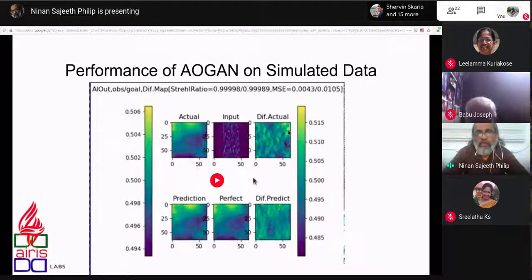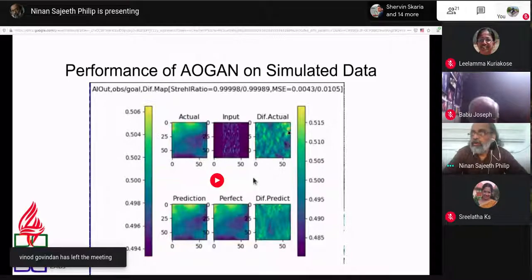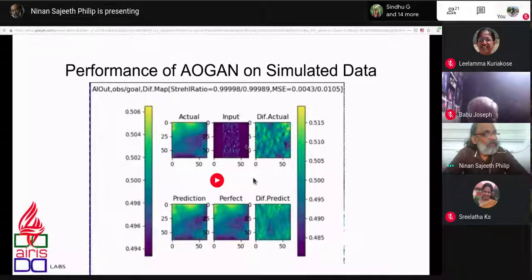So in the movie that I'm going to show you now, I'll show you how the input looks, what the prediction is, and what the ideal situation in the atmosphere is. If these two are similar, that means we are able to reproduce the conditions correctly.